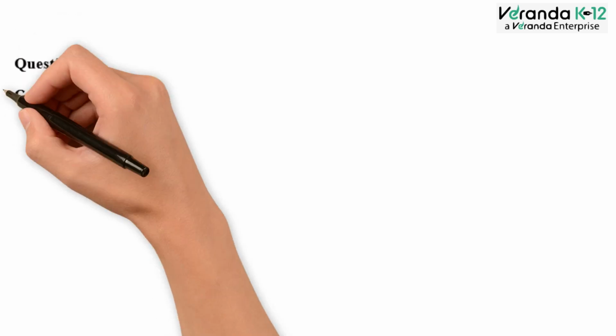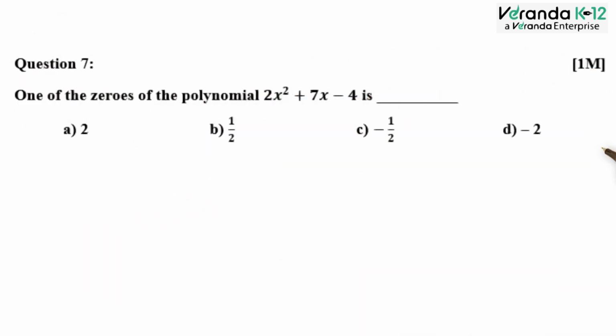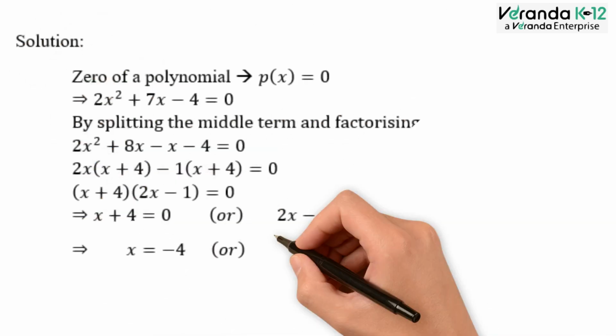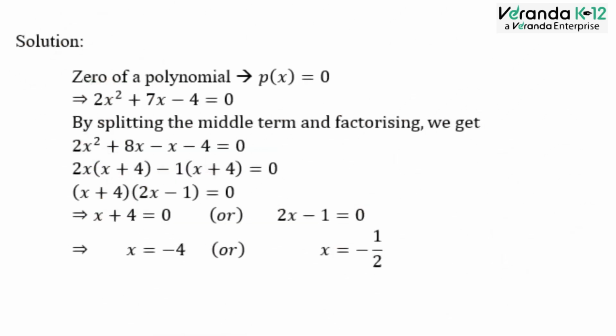Let's move on to the next one mark from the chapter Polynomial. Question number 7. One of the zeros of the polynomial 2x squared plus 7x minus 4 is dash. Option A 2, option B 1 by 2, option C minus 1 by 2, option D minus 2. To find the zero of the polynomial, we should equate the given polynomial to 0. So we get 2x squared plus 7x minus 4 is equal to 0.